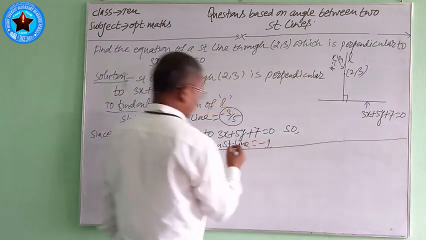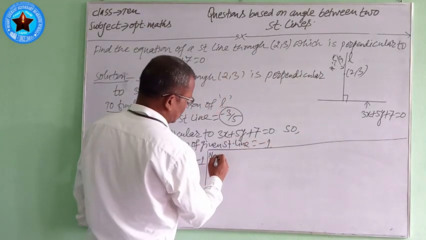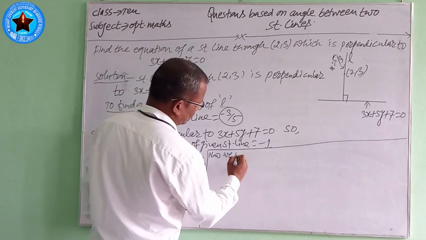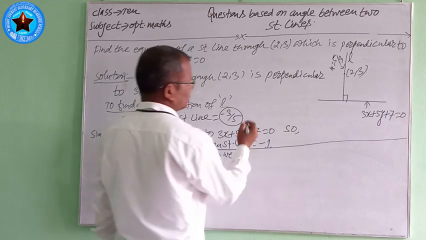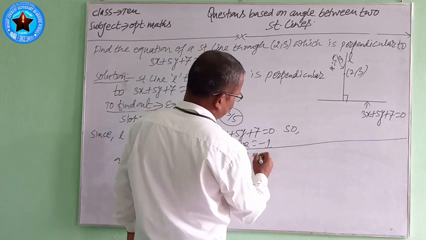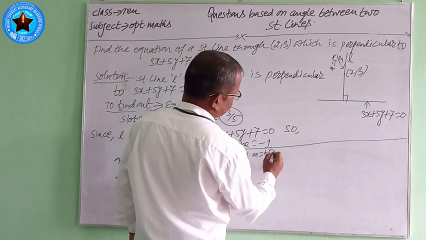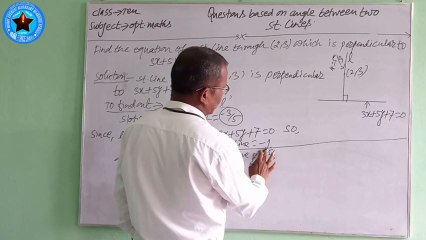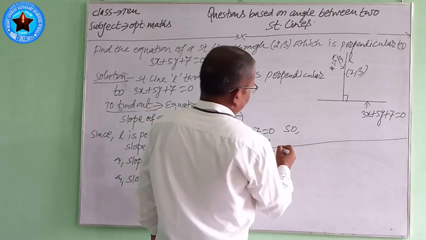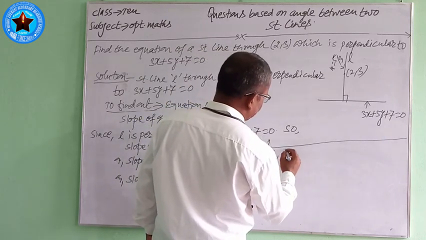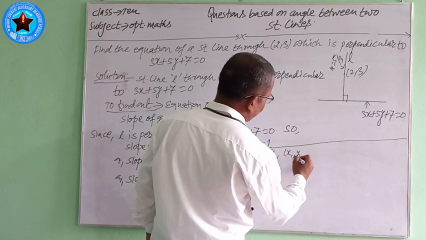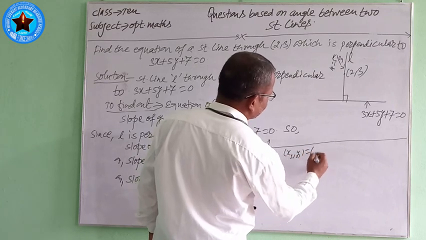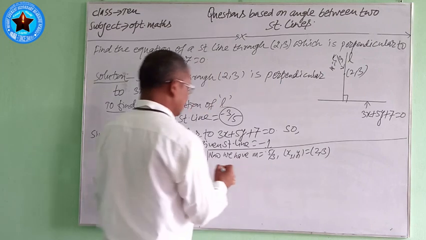What do we have? M equals 5 by 3, means the slope of L. We have the point x1, y1, that is 2, 3.